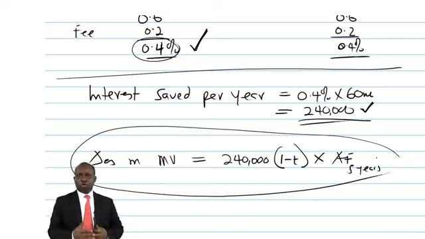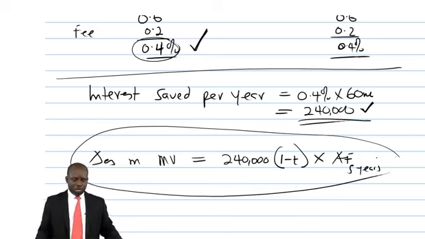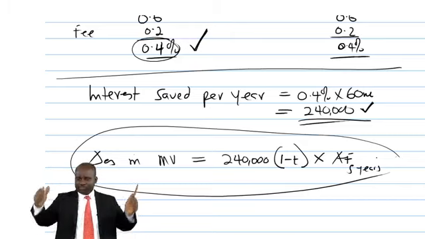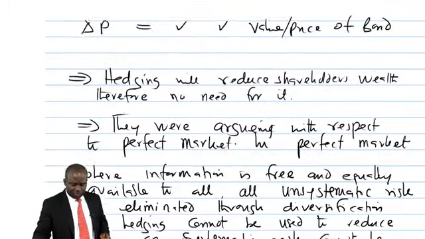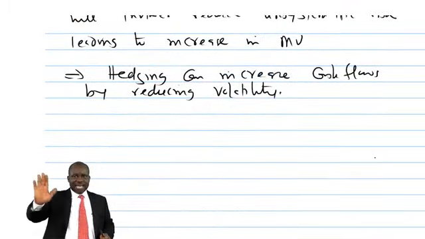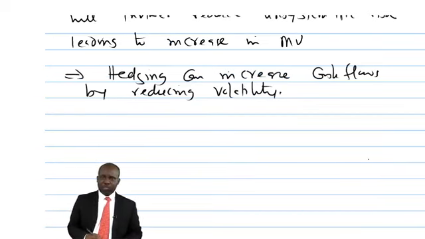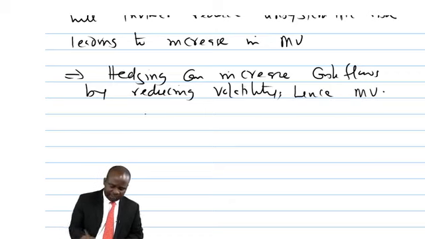As a result of hedging using the swap, every year we will save 240 before tax, and as such our market value will increase by the present value of the net of the 240, because our cash flows will increase. So as a result of reducing or eliminating the uncertainty or the volatility, we will be able to increase cash flows. Hence, we will increase market value.